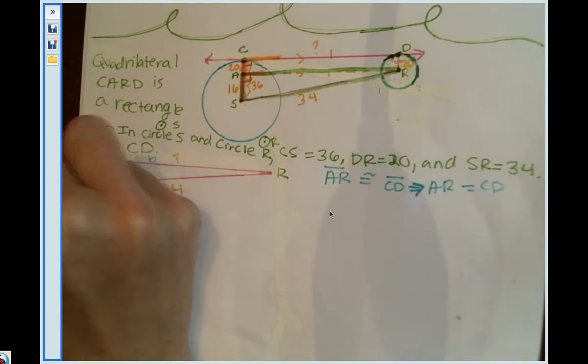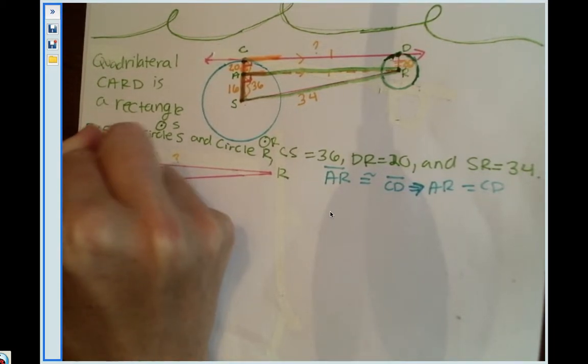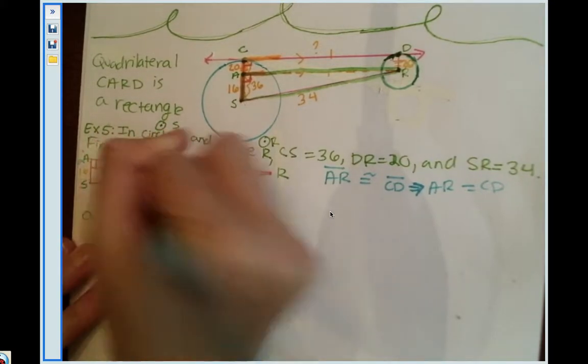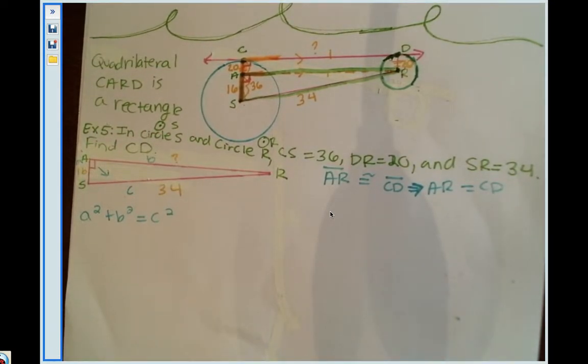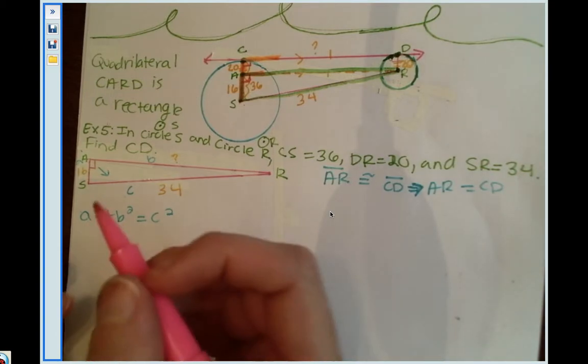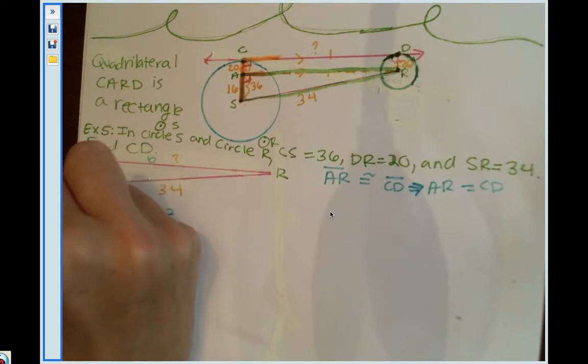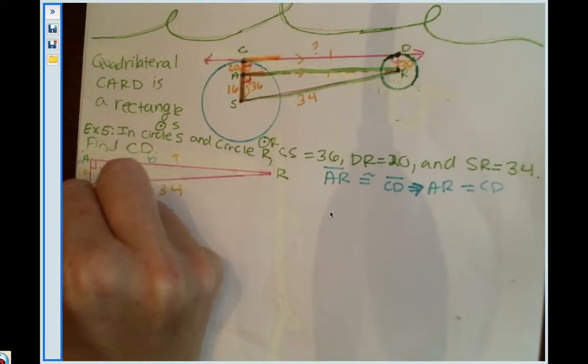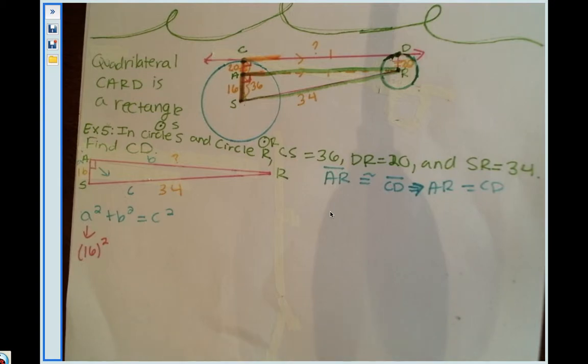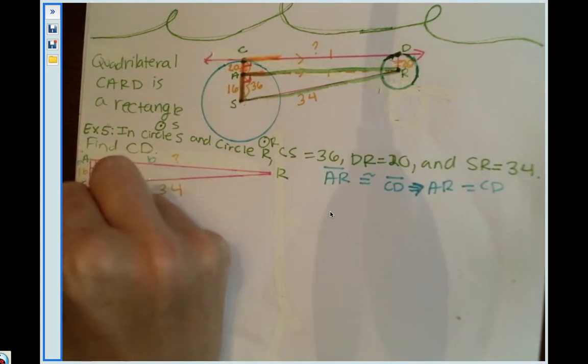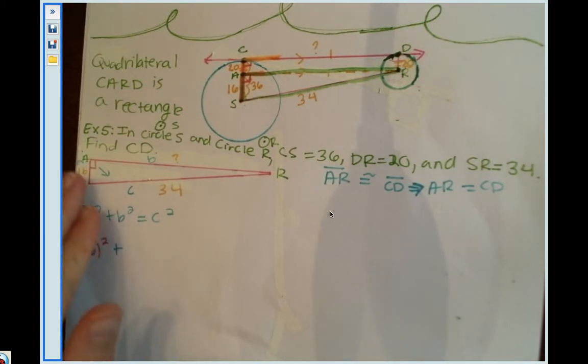So I know I'm going to have A squared plus B squared equals C squared. I'm going to substitute in my values real quickly. So my A is side AS, which is 16. So this is 16 squared plus B squared, which I don't know, so I'm going to call it side AR.